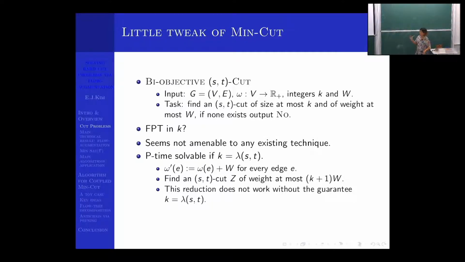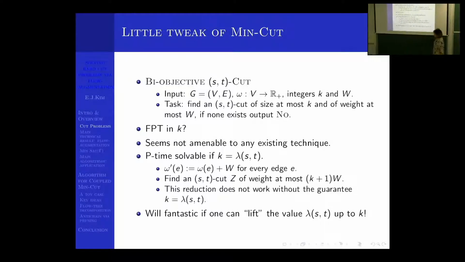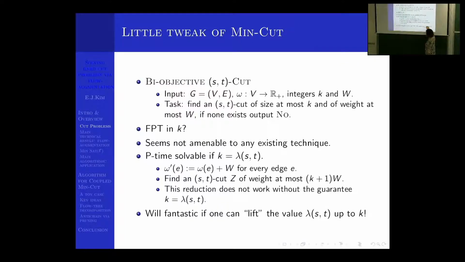This problem is known to be NP-complete, so it will be fantastic if we could do something. Using this argument, one might wonder, what if we can add some edges so that the min weighted cut z is still a cut, and somehow this z happens to be the min size cut?